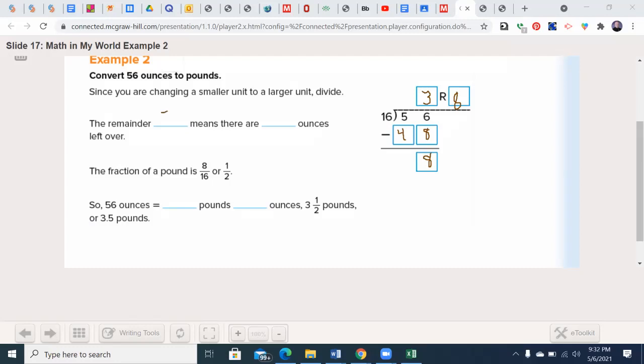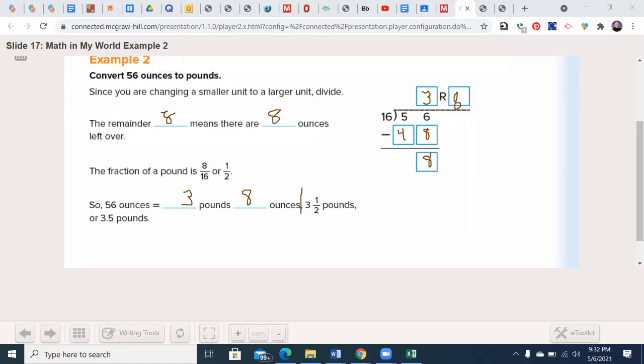The remainder of 8 means there are 8 ounces left over. That happens to be 8 over 16. You see how this right here, the remainder is the numerator. That's your denominator. So I have a lot of ways I could write this. I could write this as 3 pounds, 8 ounces, 3 and 8 sixteenths pounds, or 3.5 pounds.